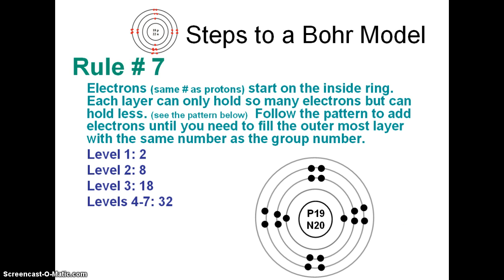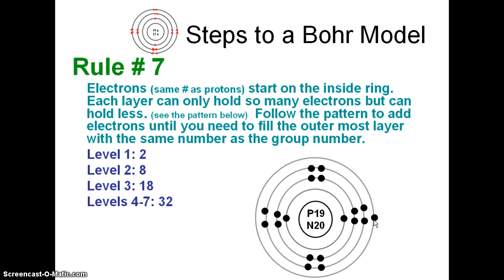So now we have 1 electron left. So even though we could still fit that 1 electron in that third layer, we know that potassium has to have 4 levels of electrons with 1 electron in that outer shell.